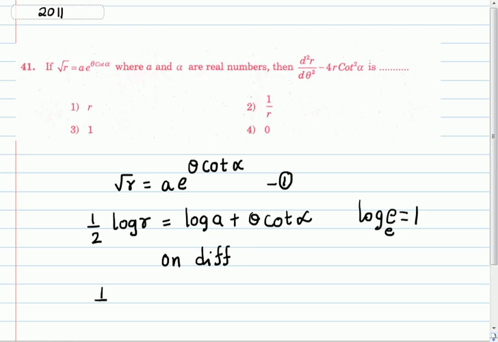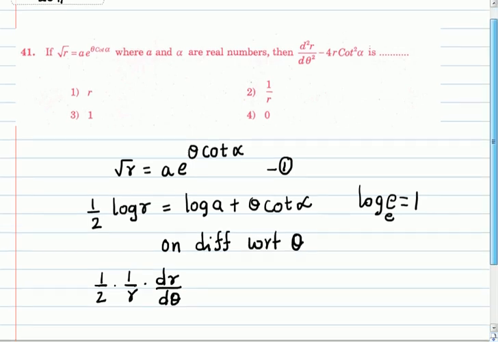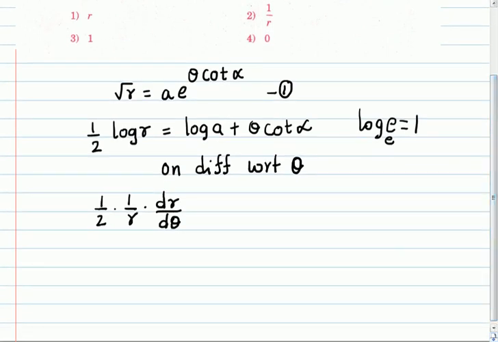So 1 by 2 as it is, what will we get? 1 by r into dr by d theta. We are differentiating with respect to theta. Don't forget, with respect to theta we are differentiating. What is the differentiation of a constant? 0. The differentiation of theta with respect to theta is 1.